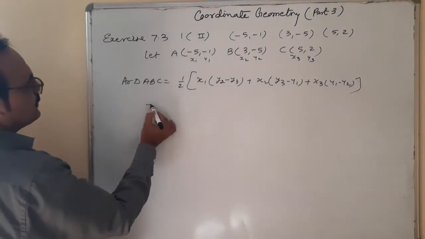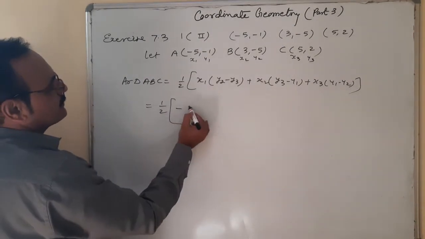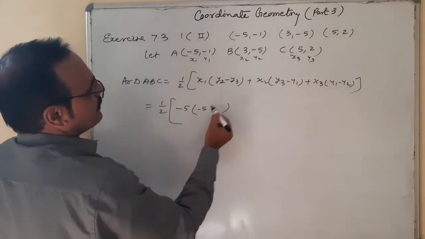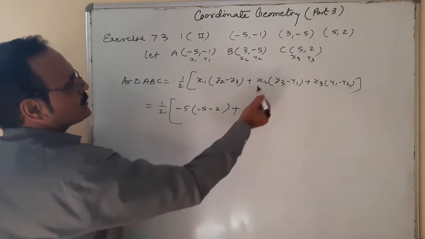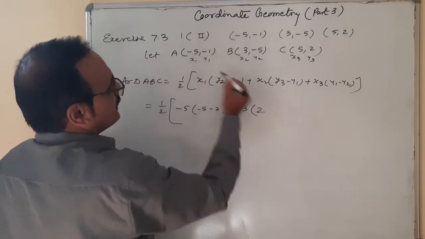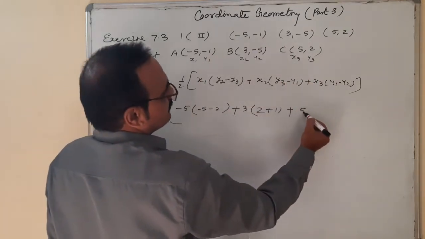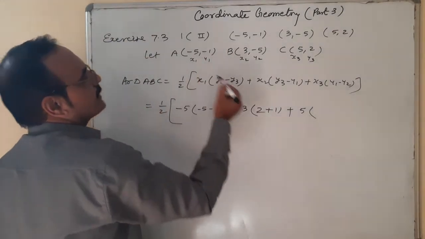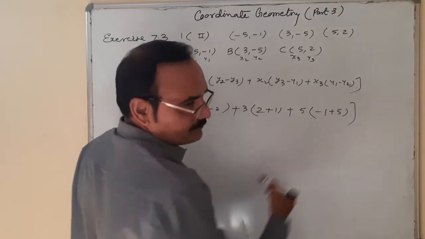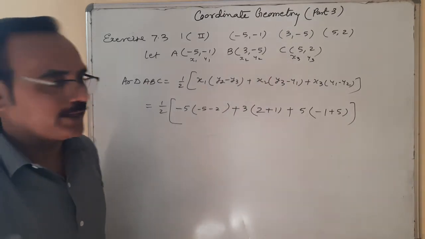Simply we'll put the values: x1 is 5, y2 minus y3 is minus 5 minus 2, plus x2 is 3, y3 minus y1 is 2 minus minus 1 plus 1, plus x3 that is 5, y1 minus y2 is minus 1 minus minus plus 5. Simply substitution in place of x1 y1, x2 y2, and x3 y3.